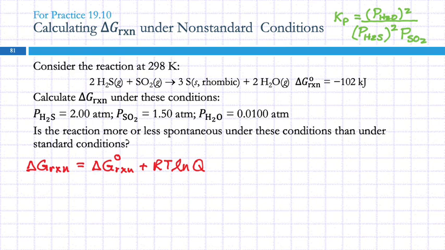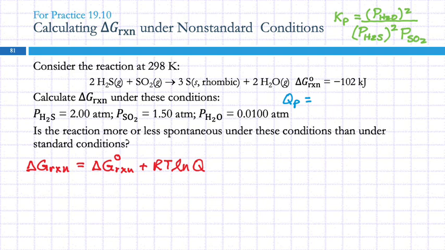So we haven't done Kp for a long time. We did that at the beginning of chapter 16, and then we kind of ignored it. It's doing exactly the same thing we did with molarities, just with partial pressures. So that's the expression for Kp. What we need is Qp. So Qp, it's the same equation, but instead of equilibrium values, it's whatever we actually have. So we're going to take these numbers and plug them into that equation.